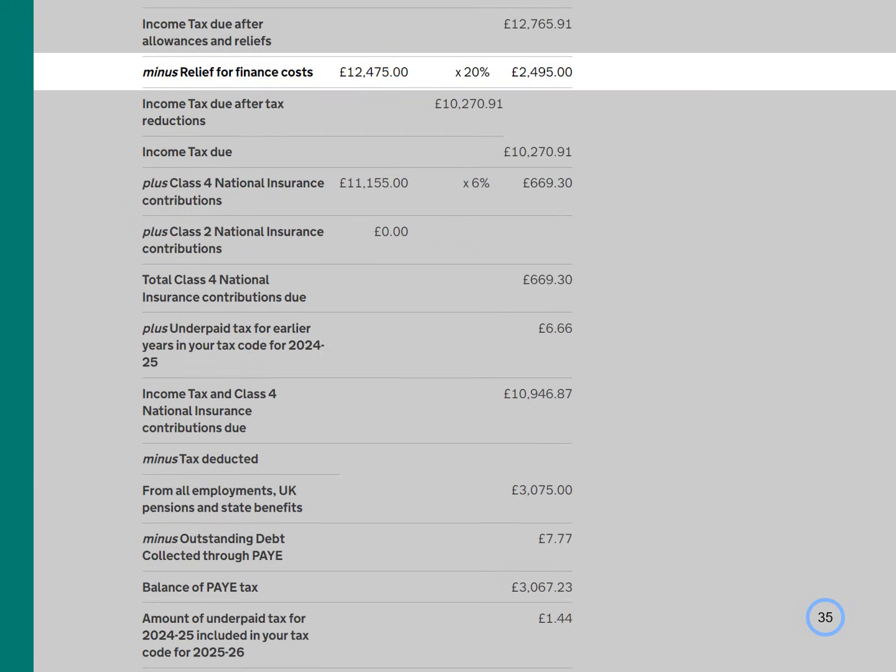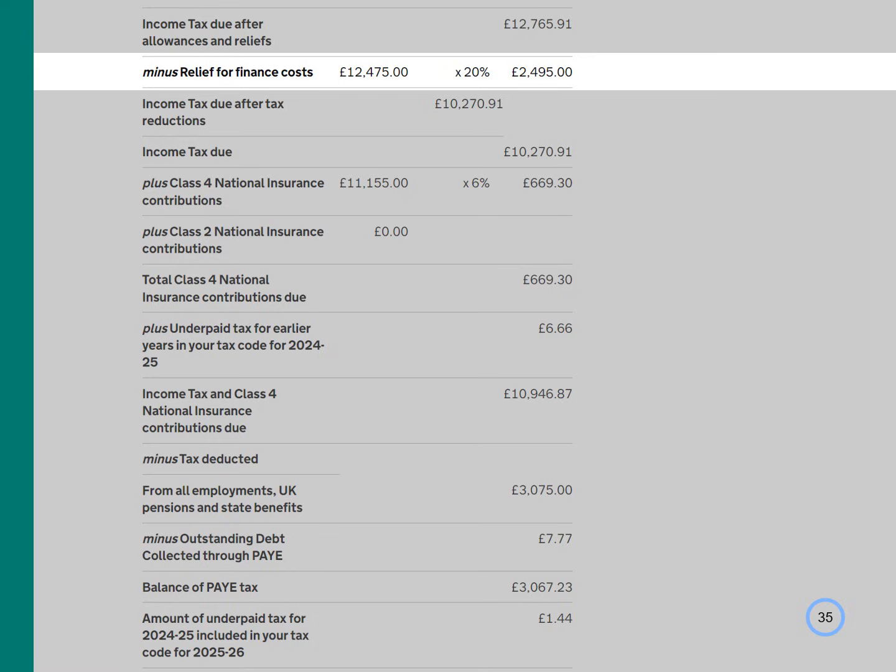If you have UK residential property income and had any residential property finance costs, these are used to work out a tax reduction from your overall tax bill at the basic rate of tax, currently 20%. This is where the relief is shown for the residential property finance costs.